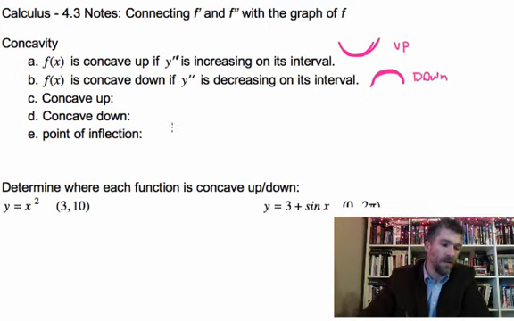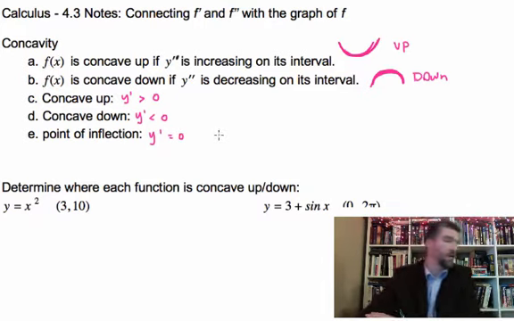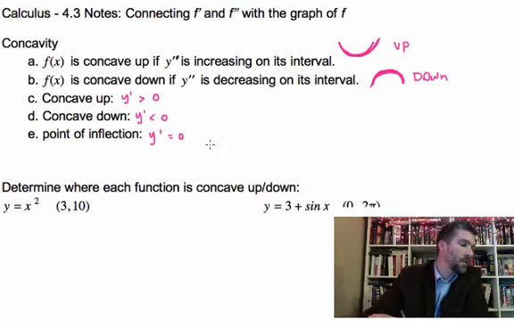So concave up happens when y prime increases. So when y double prime is greater than 0. Concave down happens if y prime decreases. Okay? And you have a point of inflection when y double prime is equal to 0.